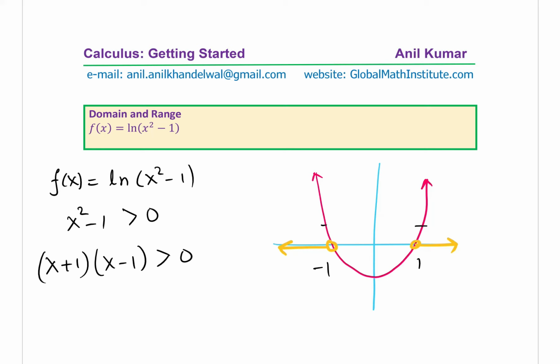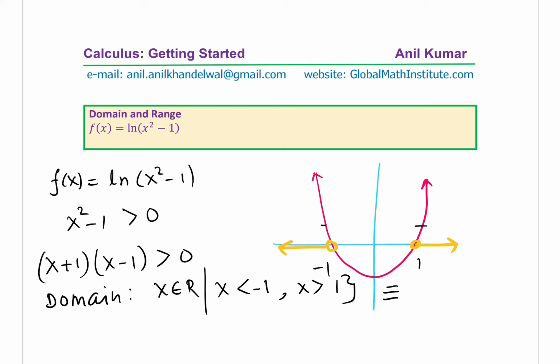So as far as the domain and range is concerned, we know that the domain of this particular function is x belongs to real numbers, but x is less than minus 1 or x is greater than plus 1, correct? So you could also write this domain as the absolute value of x is greater than 1, right?